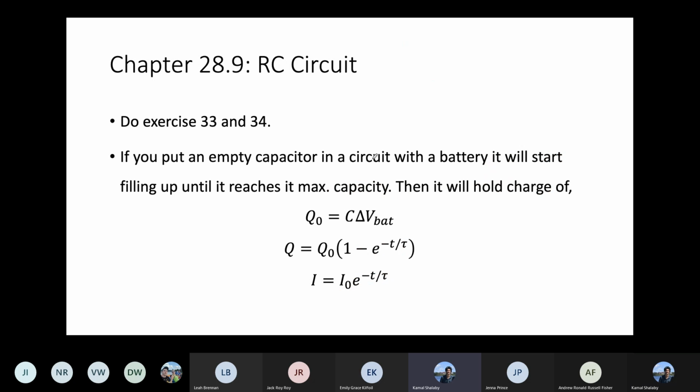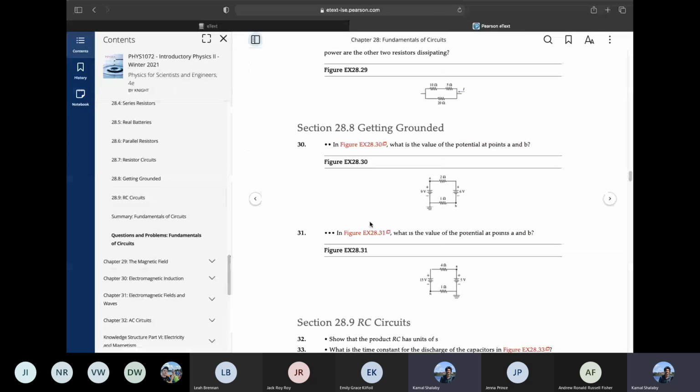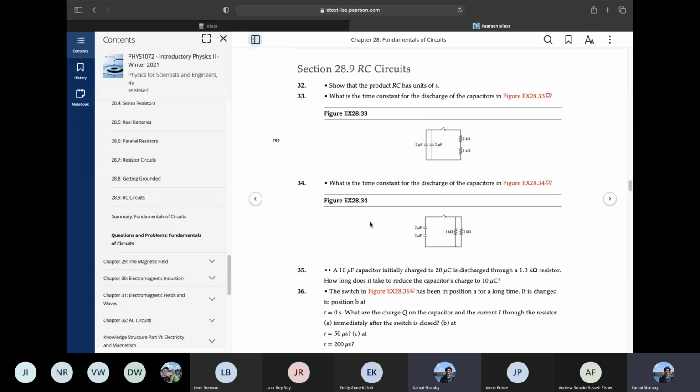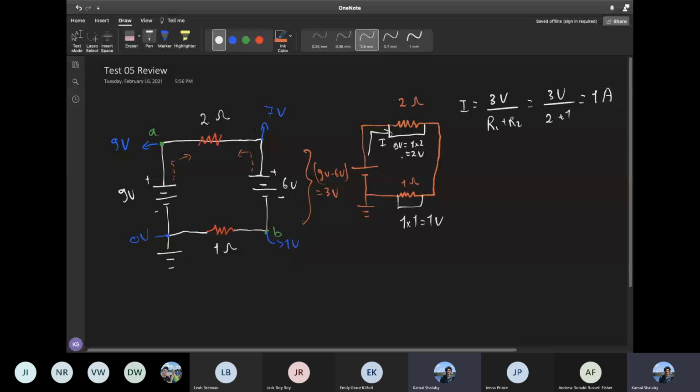Okay. So let's first do exercises 33 and 34. Keep going. That hopefully will give you a bit more sense of what is going on here.